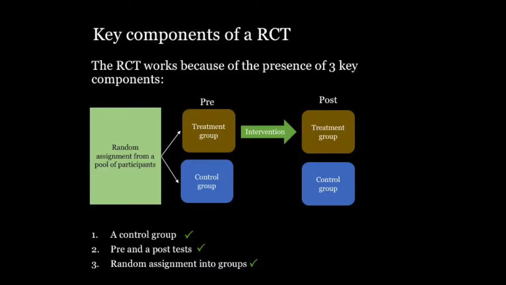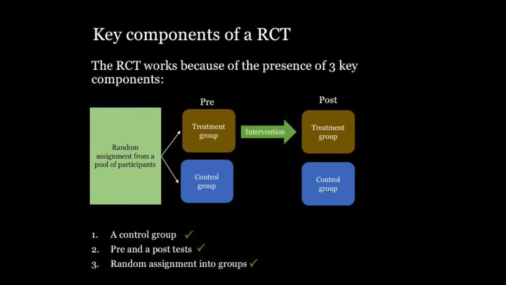So why does an experiment work? Why is it that we can just attribute causality when we use a randomized control trial? Well, it's because of these 3 key components of a randomized control trial, right? The first one is the control group. The second one is a pre and a post test.